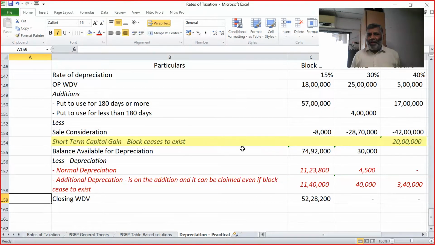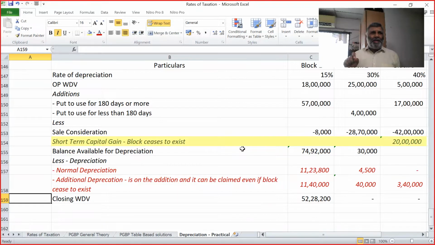Because of claiming depreciation, you will not get short-term capital gain. Block B, 30,000 is only there in the block, but you claim depreciation 44,500. Allowed? Yes, allowed.